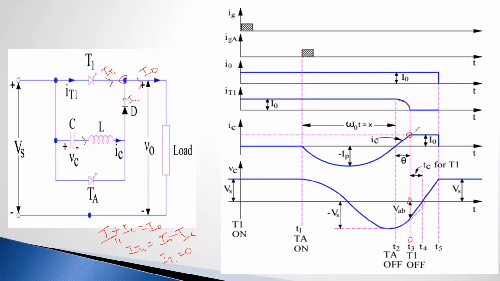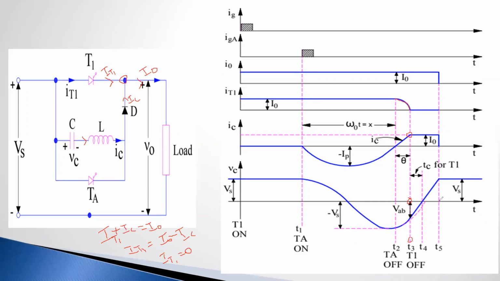It is clear? But still the current is flowing through the load circuit, through the capacitor, through this circuit: Vs, capacitor, inductance, D, and load circuit. There is no current coming from T1. Still the current is flowing through the load circuit from T3 to T5.